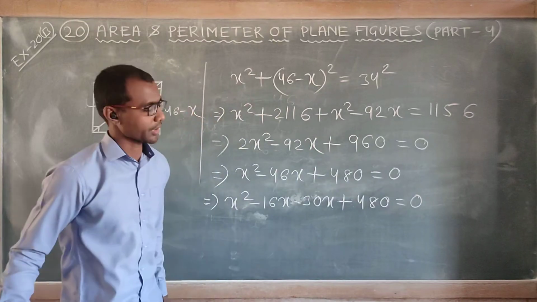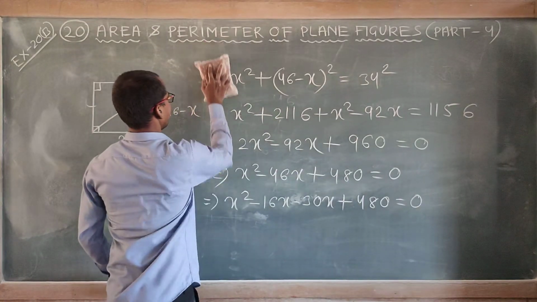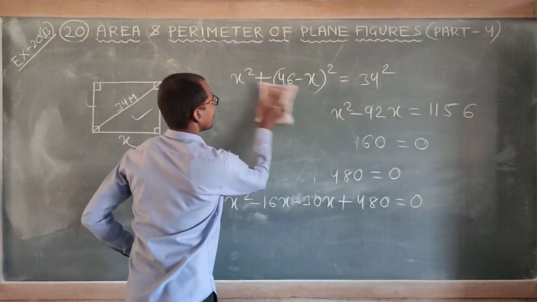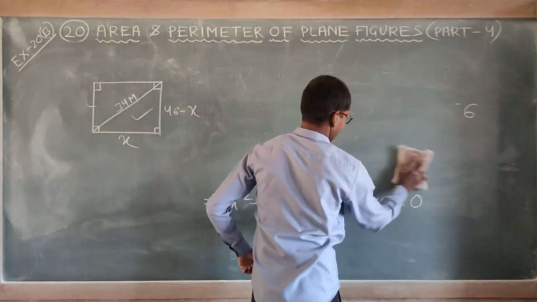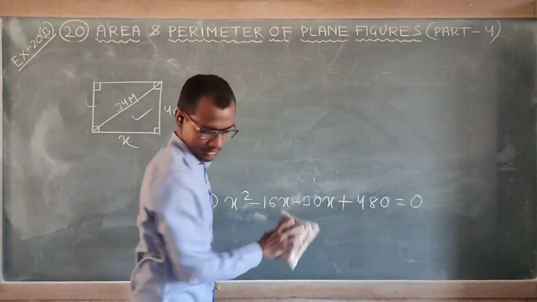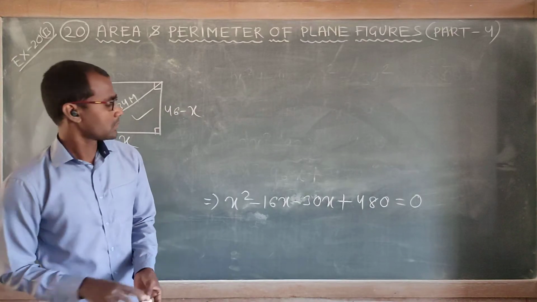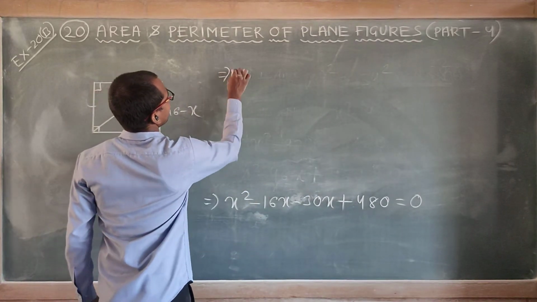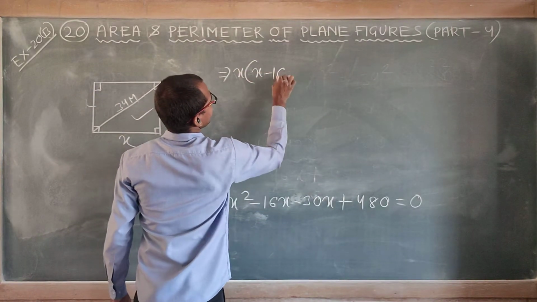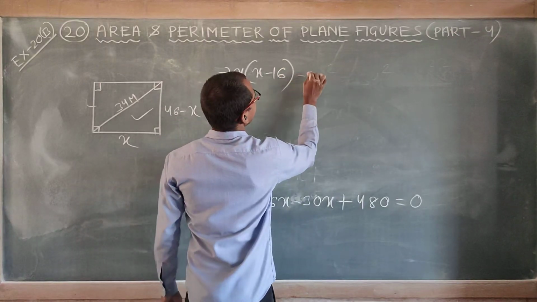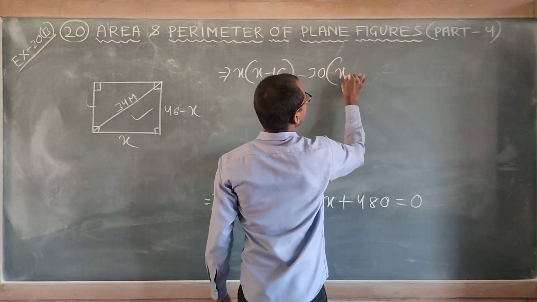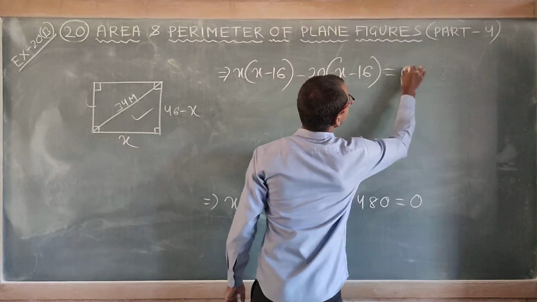This is the factorizing. x into (x minus 16) minus 30 into (x minus 16) is 0.